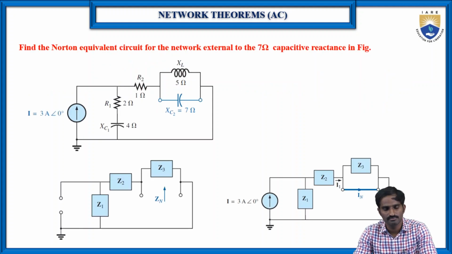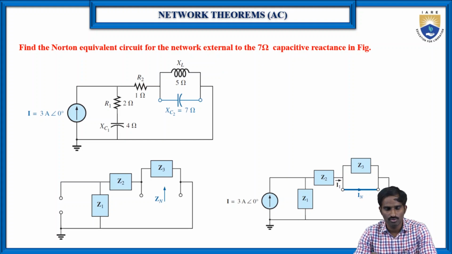Now let us consider another problem. For this particular problem, again we need to draw the Norton's equivalent circuit. Of course, this is a slightly more complicated circuit than the one we considered previously. Here we need to draw the equivalent circuit when the 7 ohm capacitive reactance is considered as the load resistance.